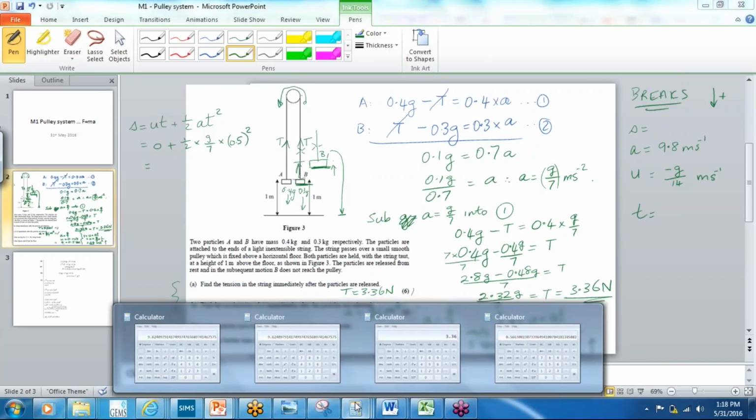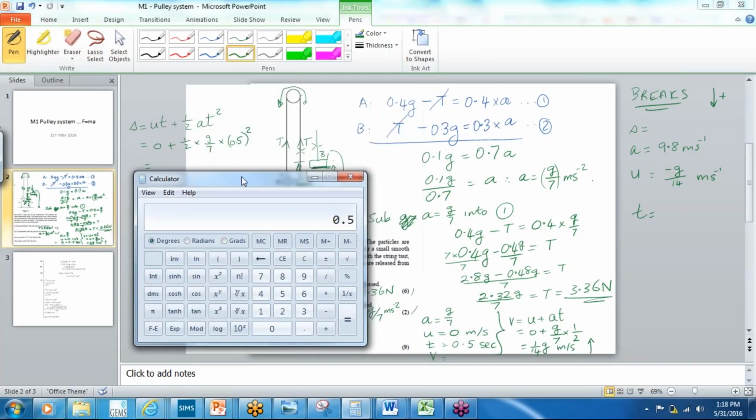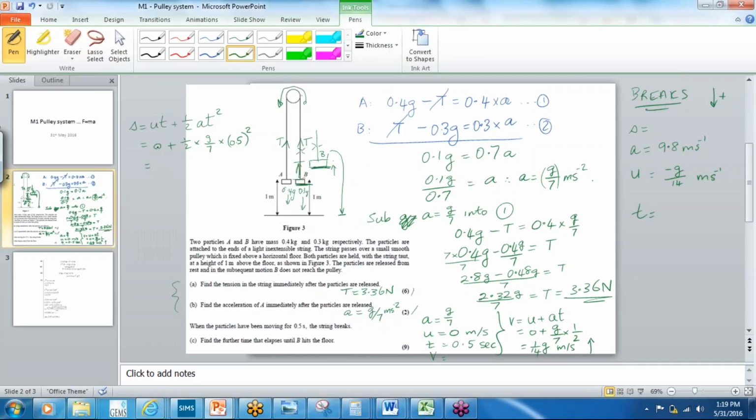All right, let's get our calculator out. 0.5 times 9.8 divided by 7 times 0.5 squared, 0.175 meters. So this is 0.175 meters above the 1 meter mark. So really it's going to take 1.175 meters before it reaches the ground, and we just need our time.